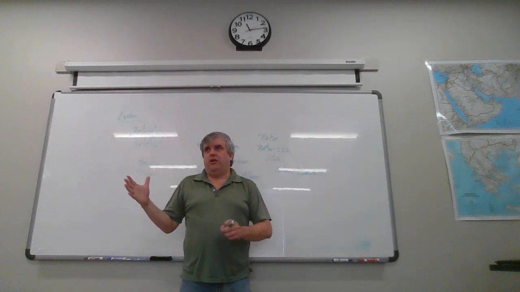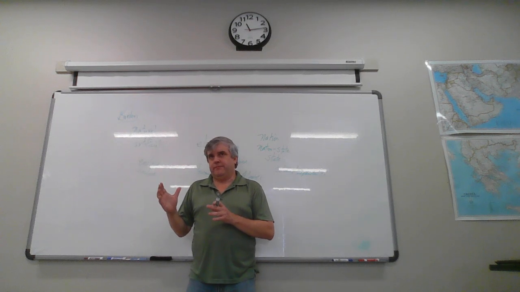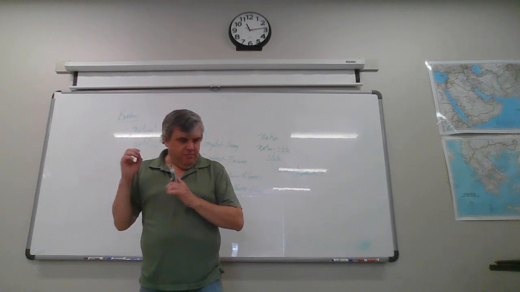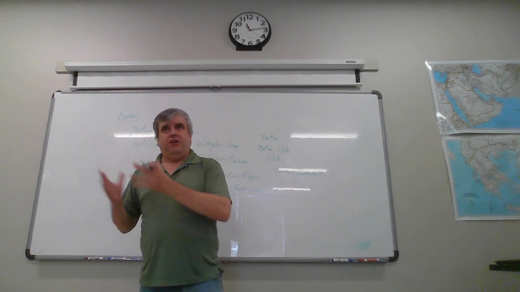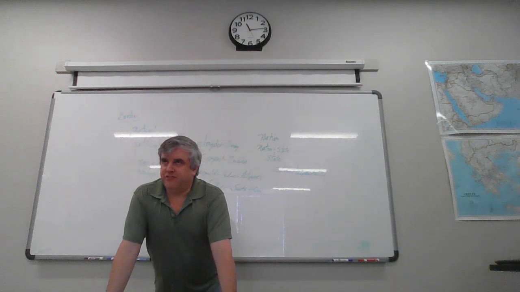It is not like a colony. It is not independent. It is not free to make its own decisions. A dependency is just that, it's dependent on the larger country to make decisions, to provide resources for it.